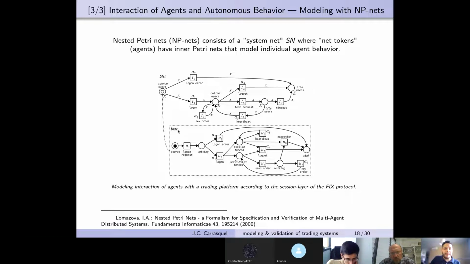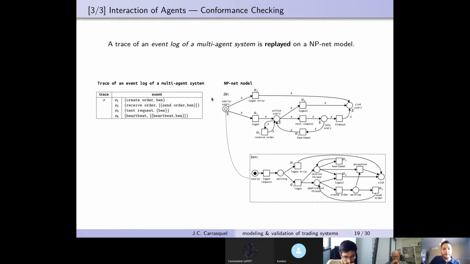For example, the agent Ben sends a request, it will be waited, and now he should wait for the system to grant him access by the execution of the logon activity, moving him, Ben, in the system net from the source place to the output place.